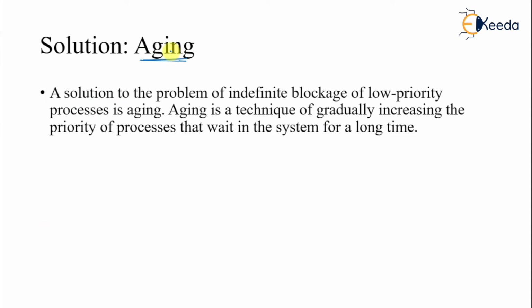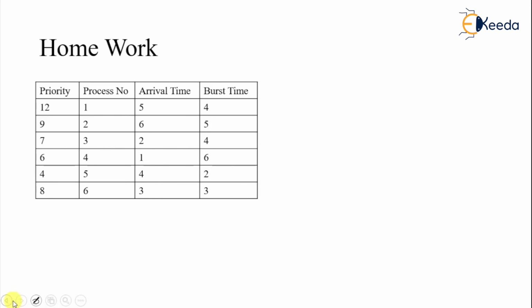Aging is the process by which we keep on increasing the priority of a process. So a solution to the problem of indefinite blockage of low priority processes is aging. Aging is a technique that gradually increases the priority of a process that waits in the system for a long time. Correct? So that is your aging, and that is the solution.